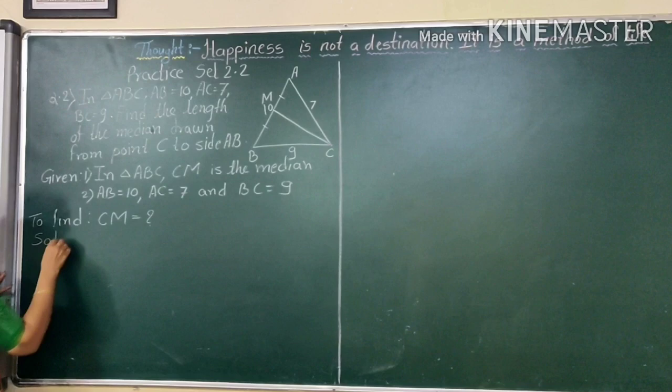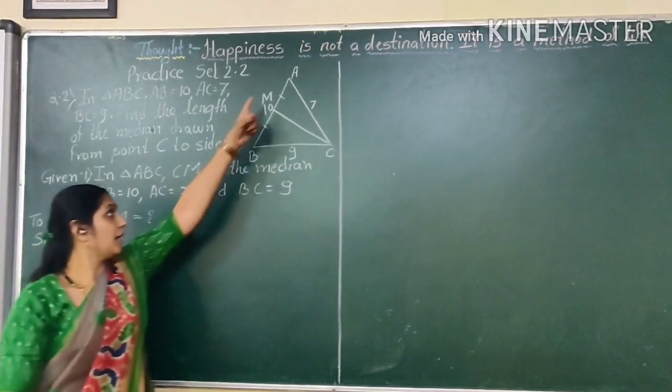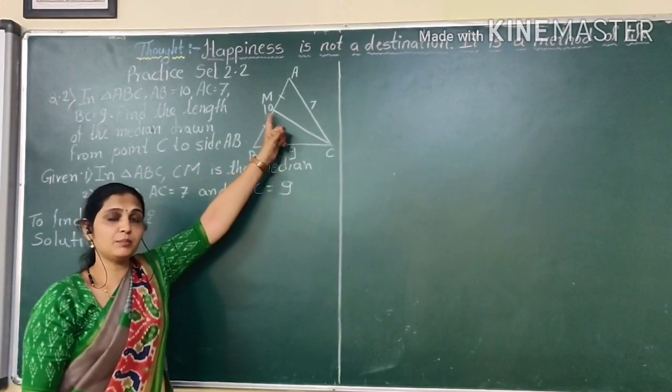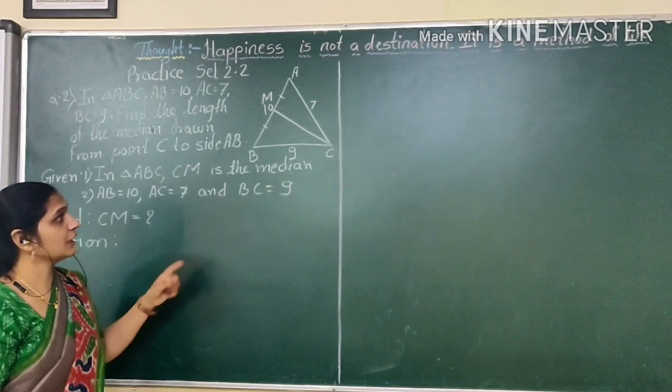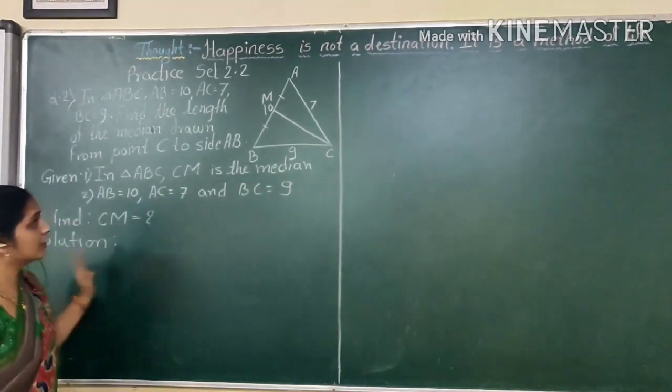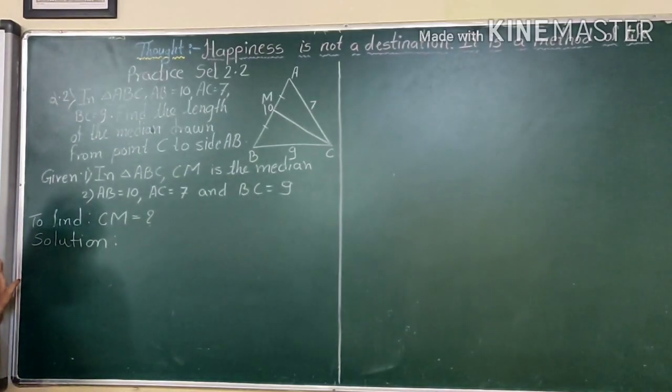So start solution. Okay. See, AB is divided into two equal parts due to point M, because M is the midpoint of AB. Okay. Here in our sum, whole AB is given 10.